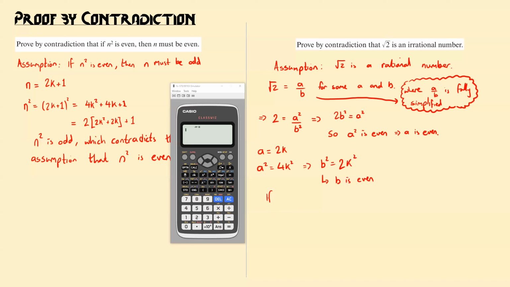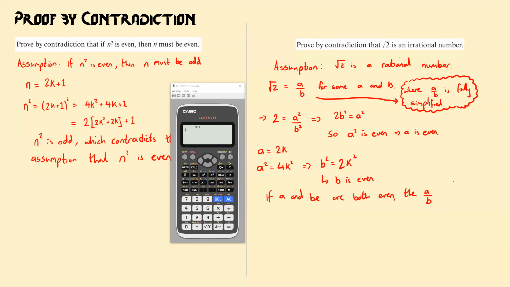So if a and b are both even, then a over b could be simplified, because they have a common factor there.